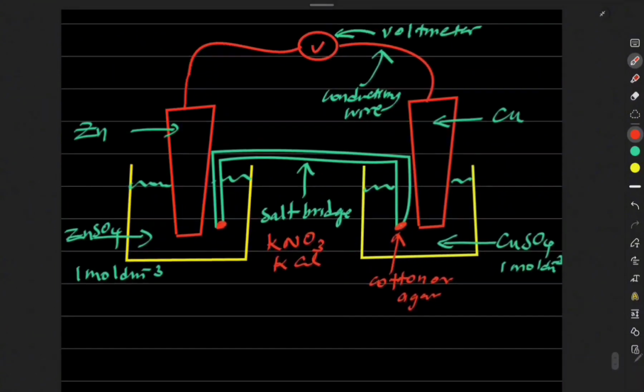This is the electrochemical cell. There will be a potential gradient between the electrolytes. Electrolytes means the liquid present inside the electrode.